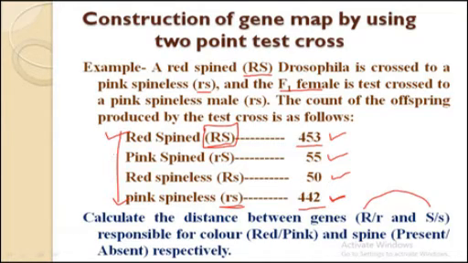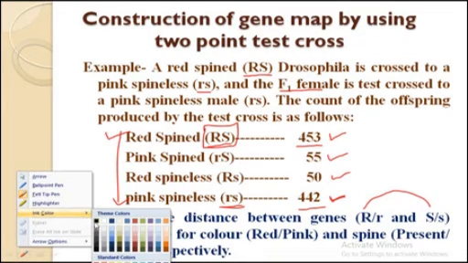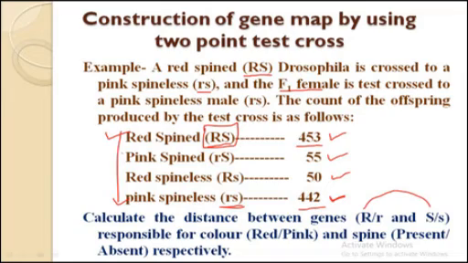In the second case, you can see both middle ones, that is pink spined and red spineless, they are the recombinants, other than the parents. It can be understood by their genotype.